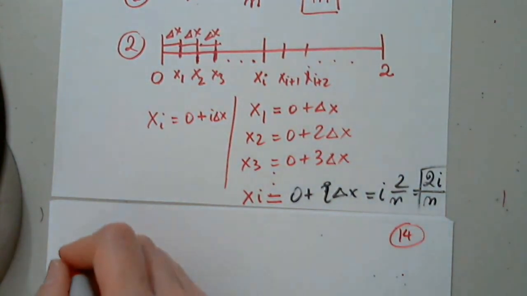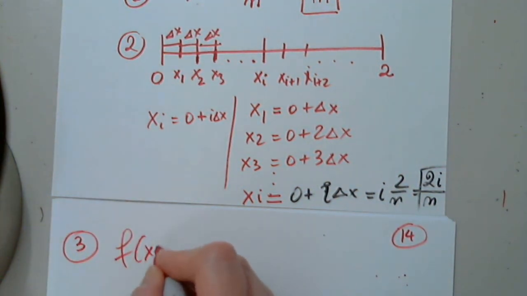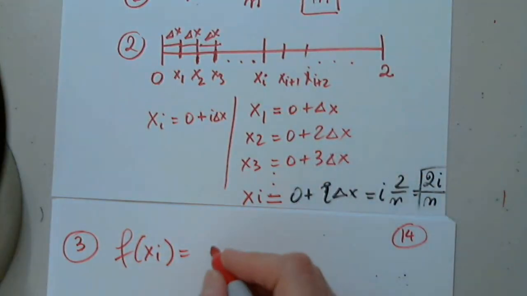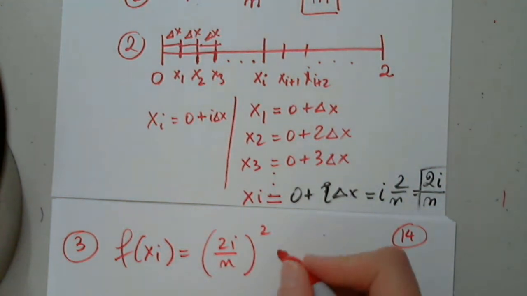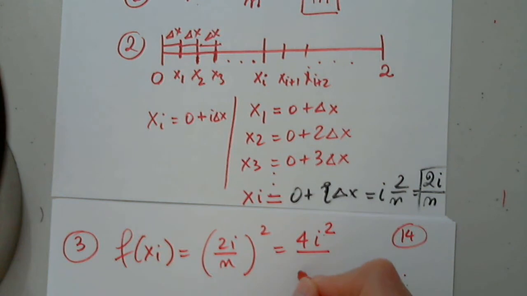Okay, so number 3. F of xi. Remember, f of x is x squared. Which is 4i squared over n squared. With all these preps, I am ready now to find the exact area.